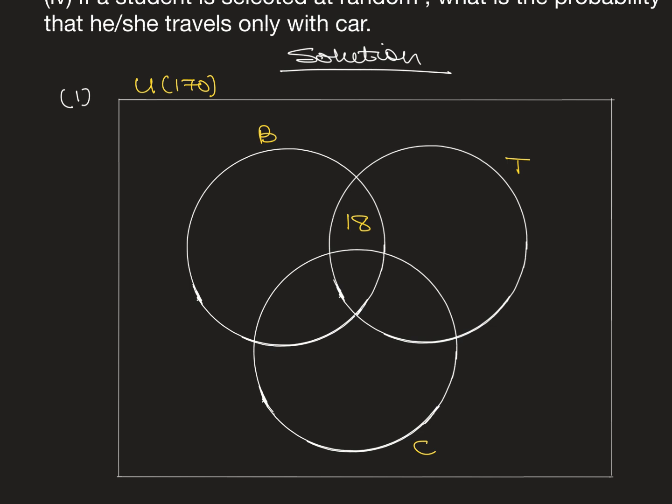Bus and train only is going to be this portion, but when I just say bus and train without including the word only, I mean the total number of students who travel with bus and train. Remember, those who travel by all the three means of transport are also using bus and train to travel. So you have to be careful with that difference.